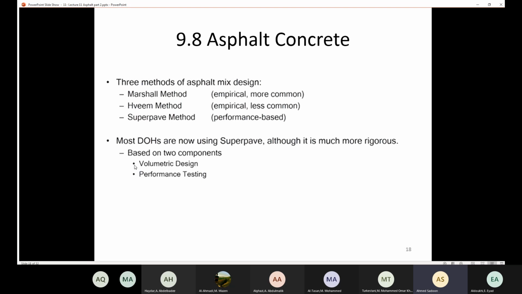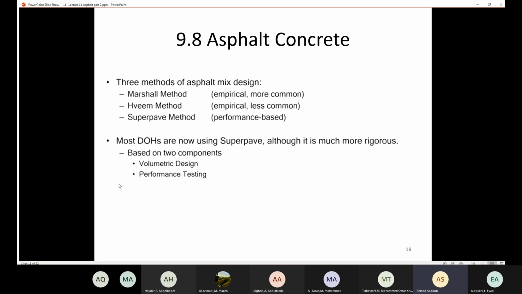And the Superpave method depends on 2 components. It has volumetric design, and it has also performance testing. So nowadays, most of the Departments of Highways or the municipalities, those who are responsible for making roads, are shifting to use the Superpave method. Okay, this one is better, even though it requires more tests.